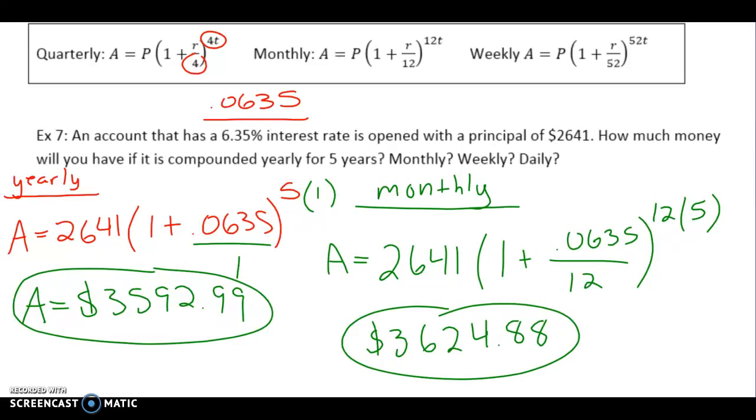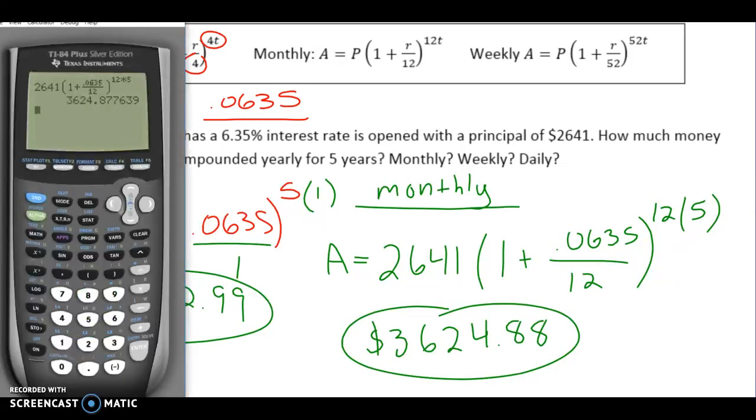Okay, now I'm going to show you a shortcut. What is the next one we're going to do? Weekly. How many weeks in a year? 52. So go back to your calculator. Don't do anything yet. If you hit second enter, it gives you it back.